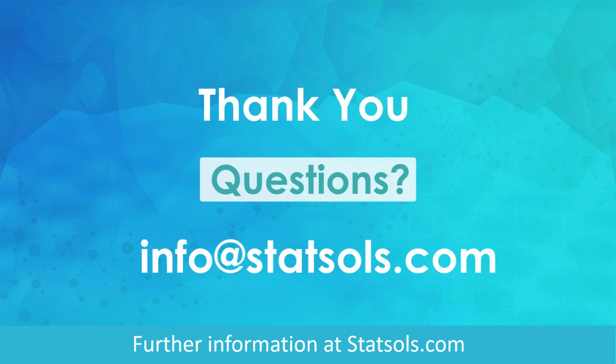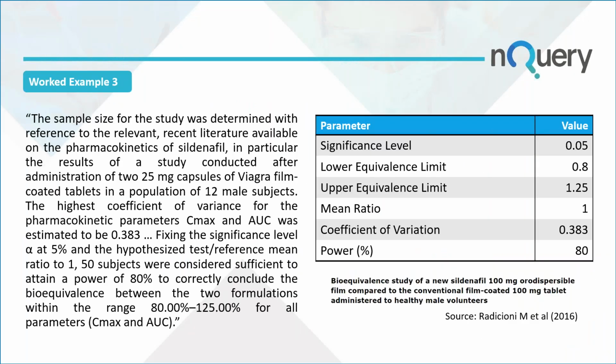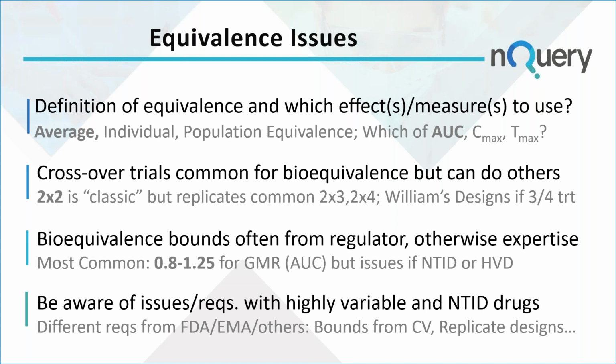Really, when you get into the weeds of equivalence testing, it is not trivial in any way. But hopefully you've got a good general overview of what you're generally expected to do, assuming you're not into those complications of NTIDs or highly variable drugs and so on.